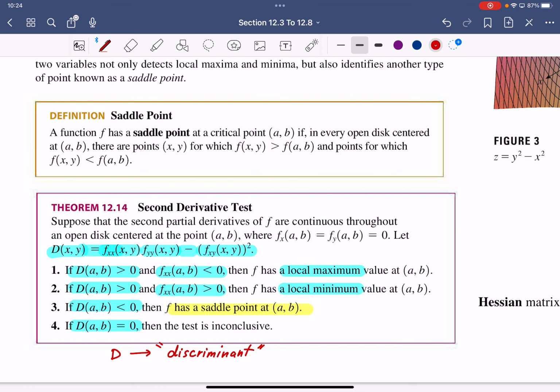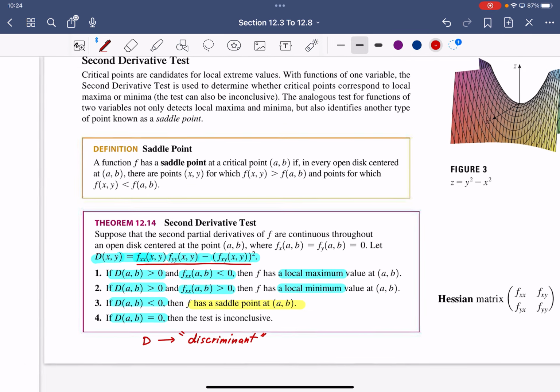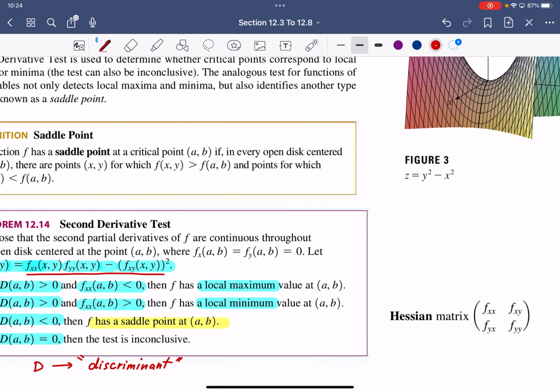The reason why we call it the discriminant is because you can view this thing as a matrix. This is called the Hessian matrix in calculus. So if you put fxx here, fyy here, fxy and fyx here, you're gonna form the 2 by 2 matrix.